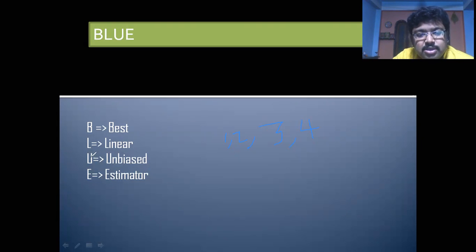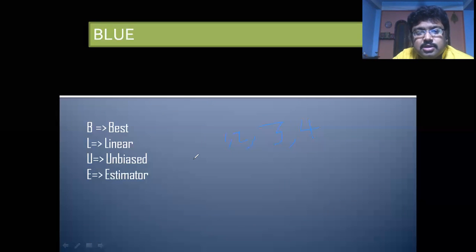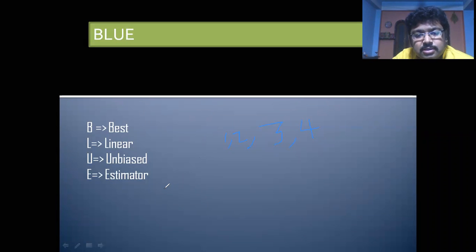And U stands for unbiasedness. Unbiasedness means if we increase the number of observations, then it will be unbiased. For example, suppose the expectation of the estimator is equal to the parameter.